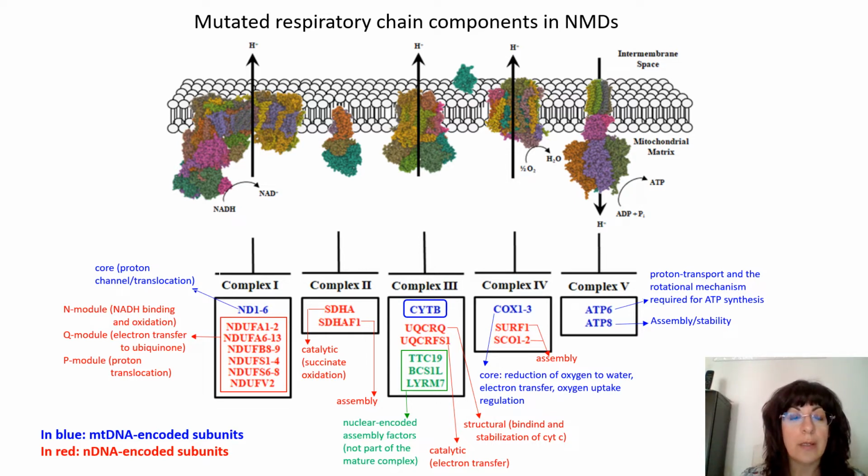In general, mutations affecting respiratory chain leads to a decreased ATP production with increased loss of electrons through the respiratory chain. This results in increased ROS production, especially in complex 1 and complex 3, which are the main ROS producers.